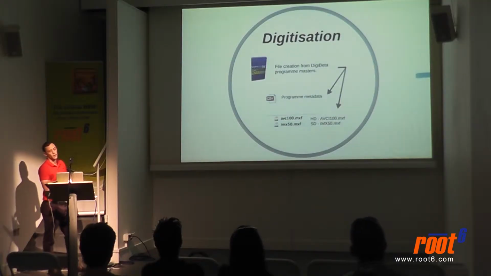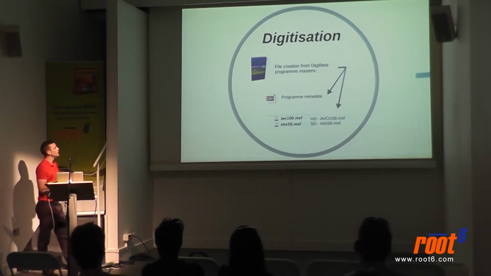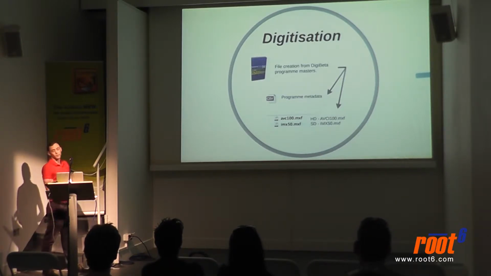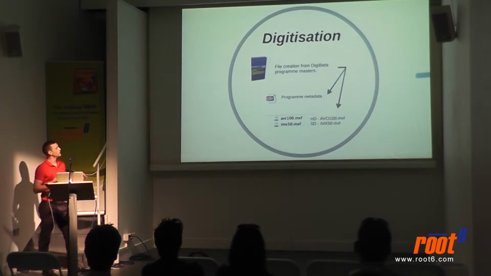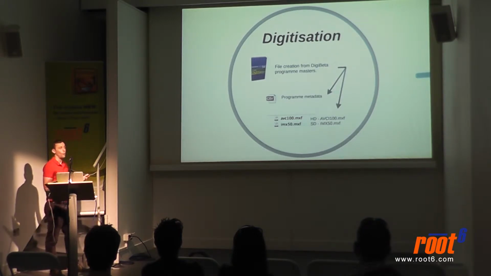Everything was in the old school brown boxes with a digibeater, and their metadata was a printed out Excel spreadsheet, handily tucked in the front of the box. They wanted to be able to find all that content, get it into a digital format so they could see what it was and the value of that content, and then work out from that what they're going to do with that content. So that was the broad overview.